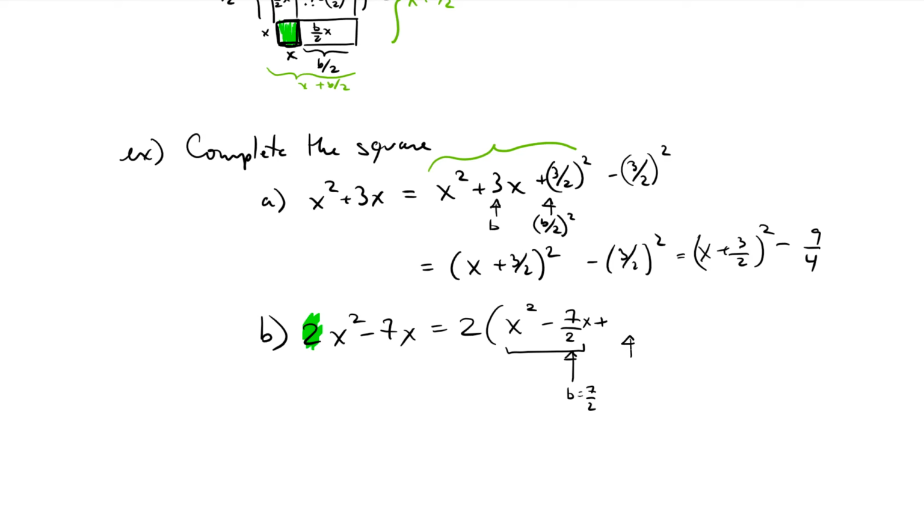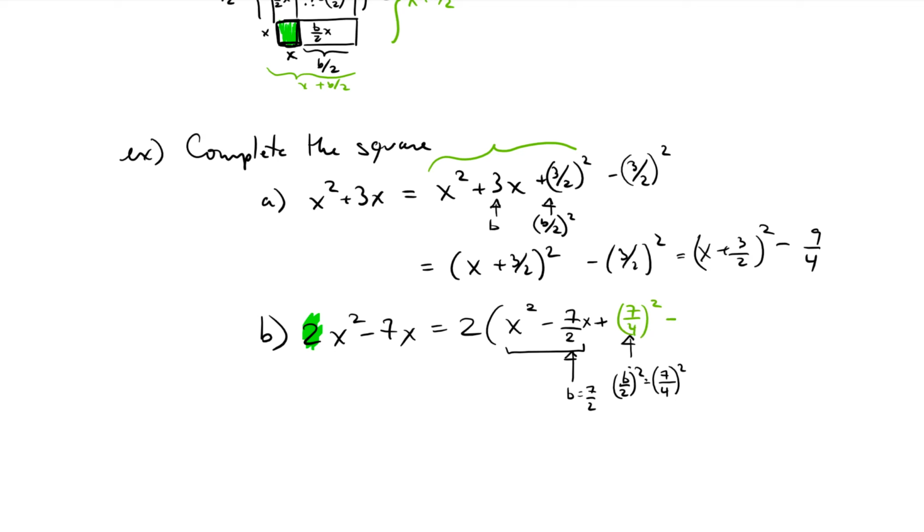So I need to add here b over 2 squared. So what is that going to be? That's going to be 7/2 divided by 2, which is 7/4. So this is what I need to add here, 7/4, so b over 2 squared, okay?